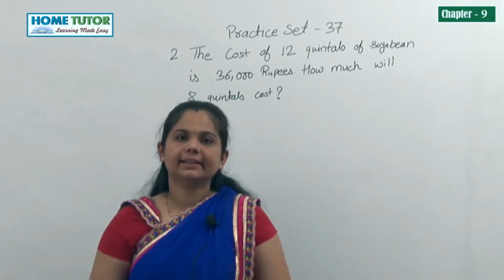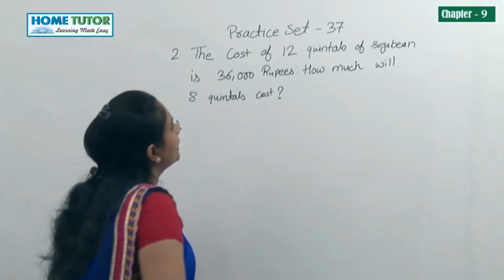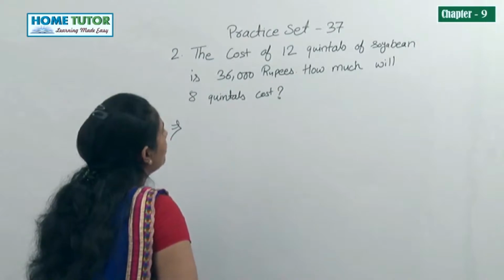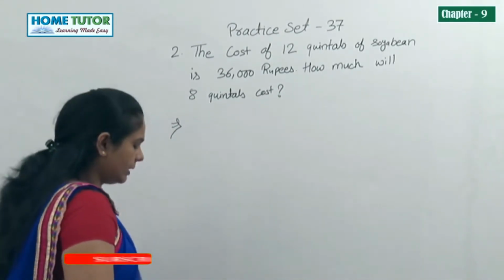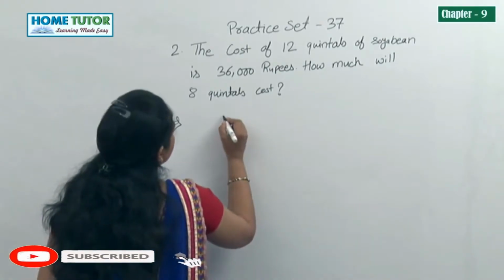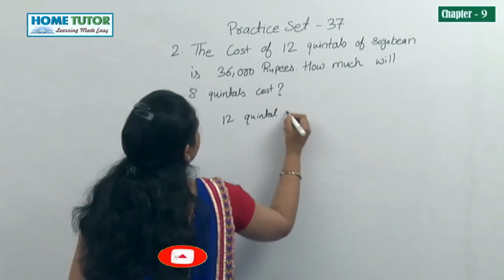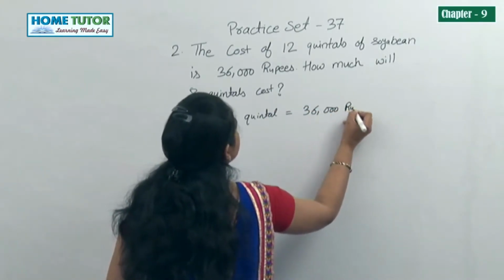Now let's take the next example. The question is, the cost of 12 quintals of soybean is 36,000 rupees. How much will 8 quintals cost? So we have the data. 12 quintal of soybean is equals to 36,000 rupees.